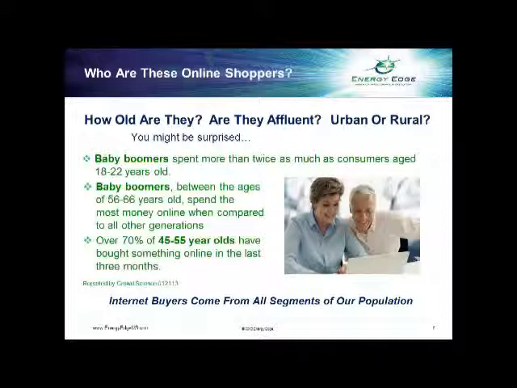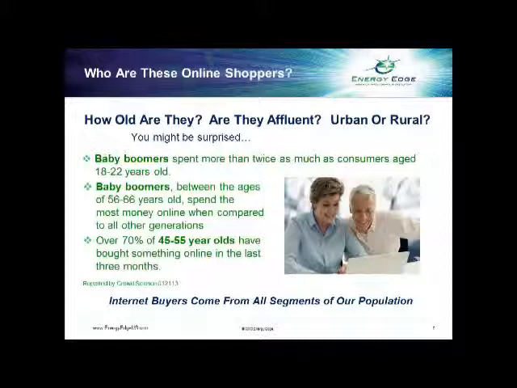We think about our kids, or my kids at my age, doing everything online, and certainly they do. They don't get a newspaper delivered to their door in the morning. The number of magazines that they receive in paper copy is fewer. Many of them are reading them on their iPads and so forth. But yet baby boomers spend twice as much as that particular age group does.